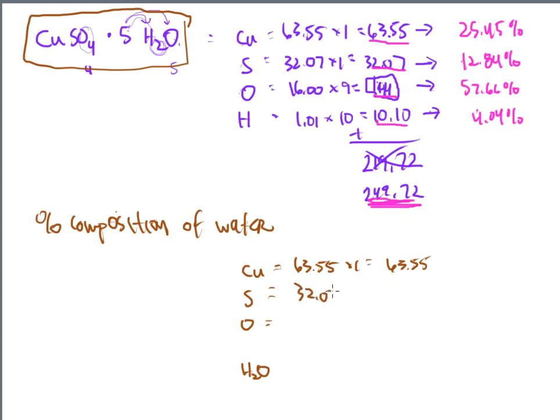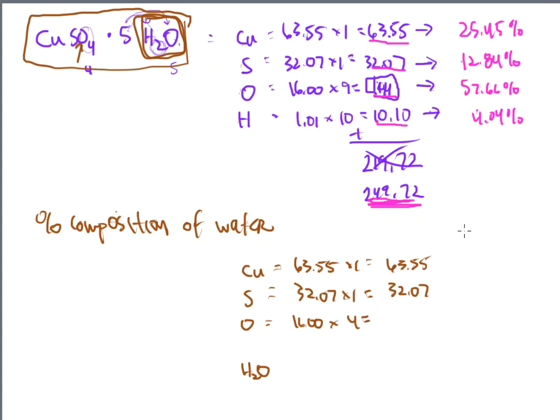Sulfur's 32.07, there's just one of those, so 32.07. The oxygen that's included in just the copper sulfate, right? Because this question wants you to focus on water. So just the oxygen in the copper sulfate, there's 4 of those.